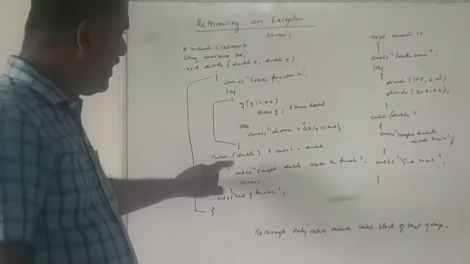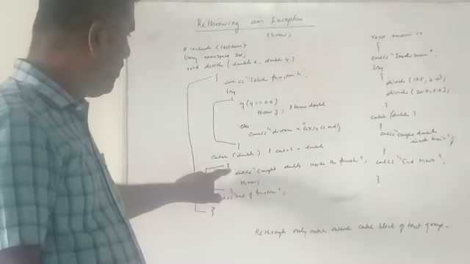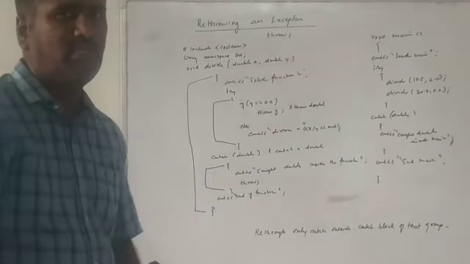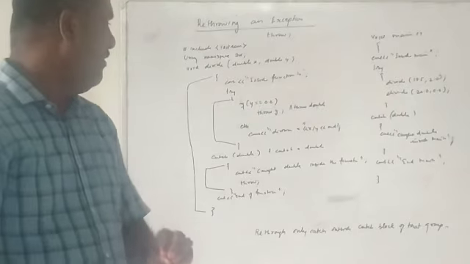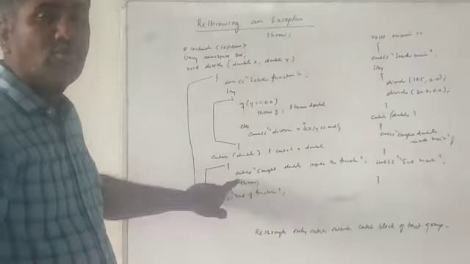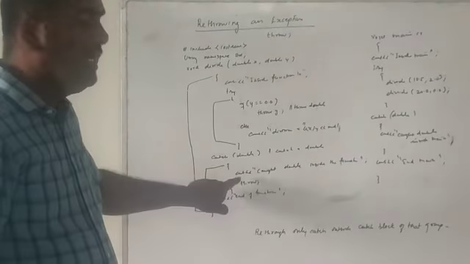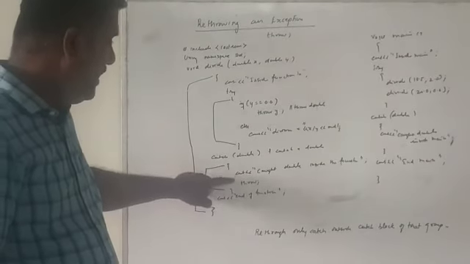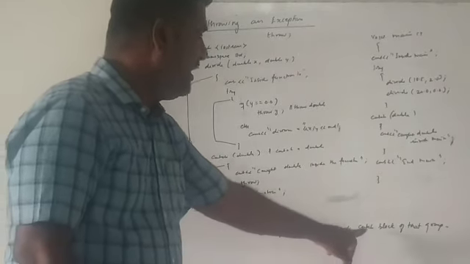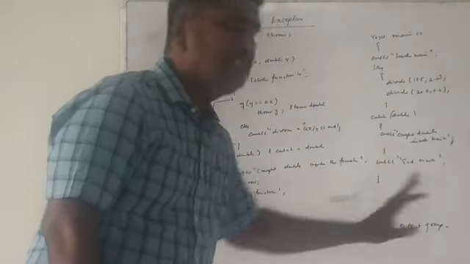Now we enter the catch block, which prints caught double inside the function. Next the statement is rethrow. Rethrow means it is caught outside the catch block of that group.